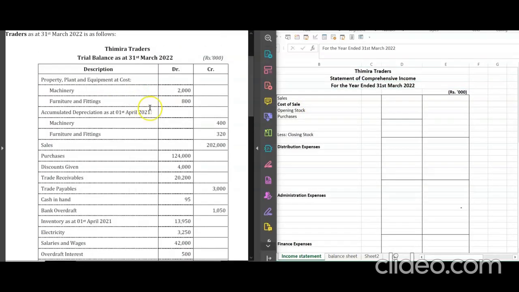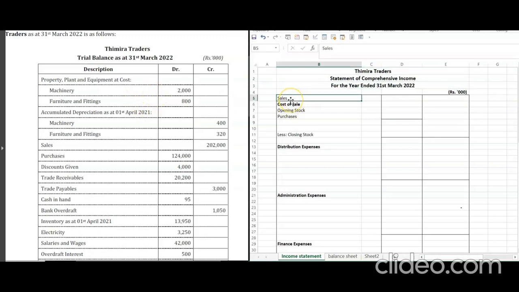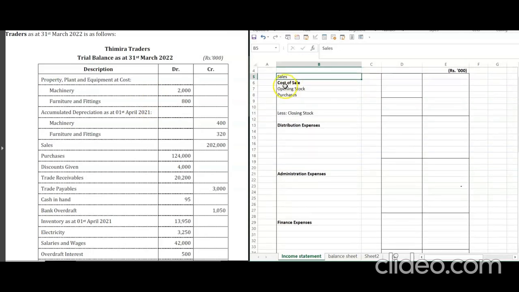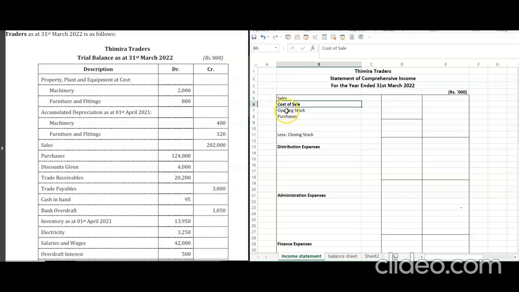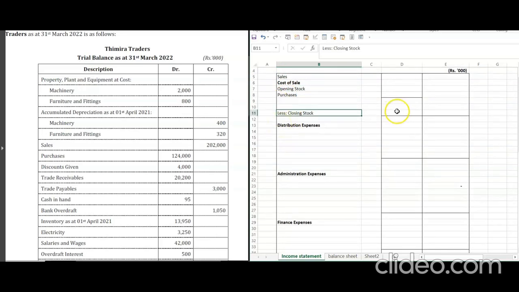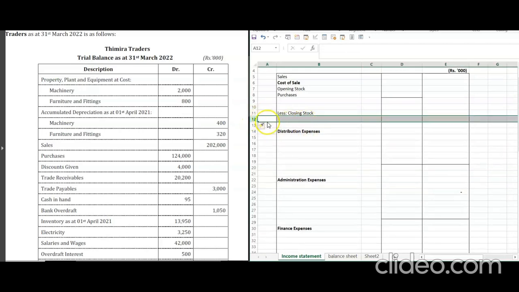Okay, so here you can see they are telling about sales. First of all, in your statement of comprehensive income, this is the format. First you have to put the sales, then cost of sales, where to calculate the cost of sales: opening stock plus purchases less your closing stock, then you get the cost of sales, then you get the gross profit. I'm sorry, I forgot to put that gross profit.